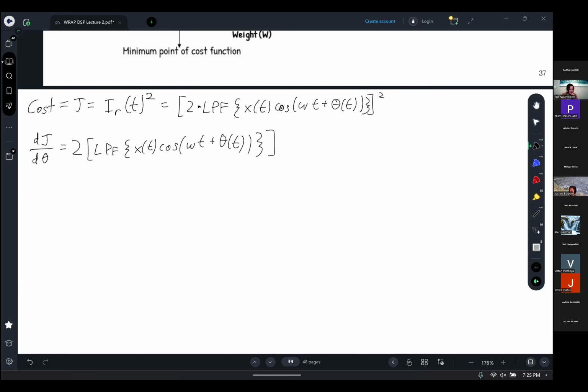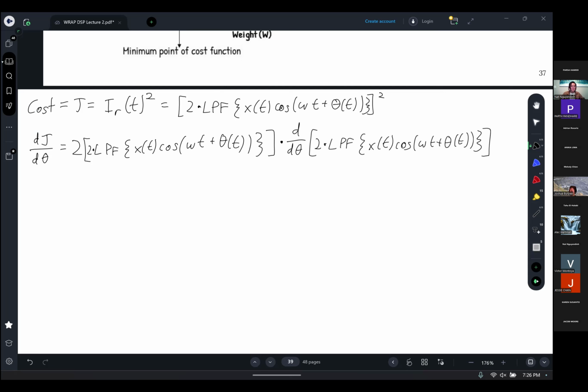Since there's this two on the outside, I'm just going to sneak that back in here. And then that is going to be multiplied by the derivative of whatever's on the inside, right? So d theta of 2 times low pass filter of x of t cosine omega t plus theta of t.